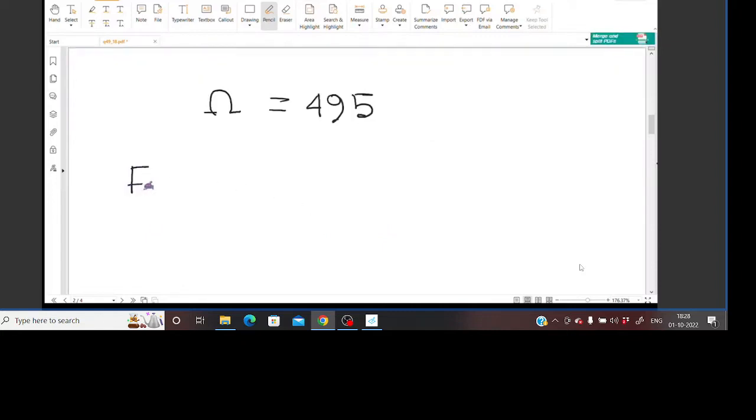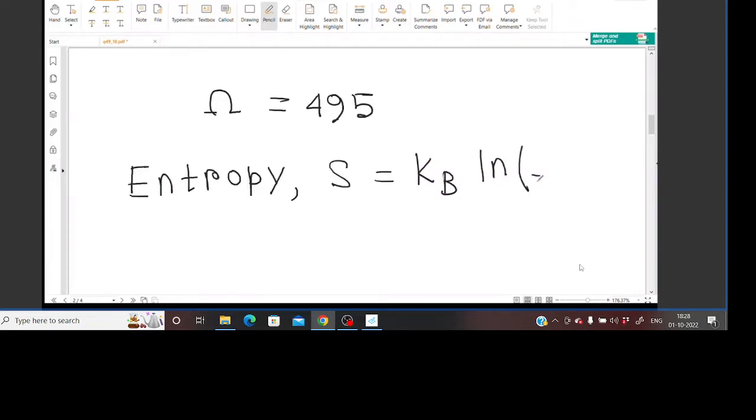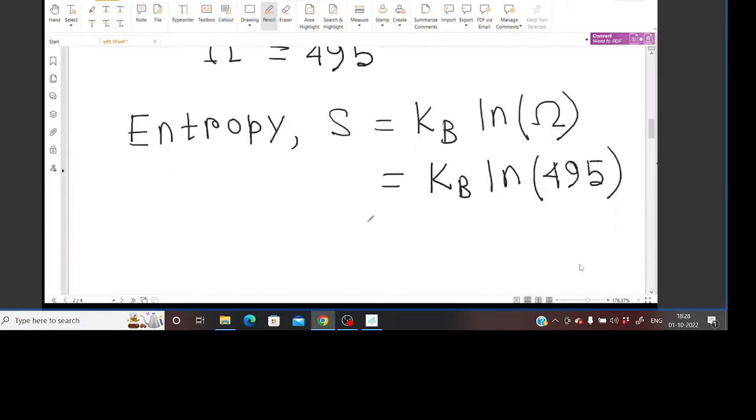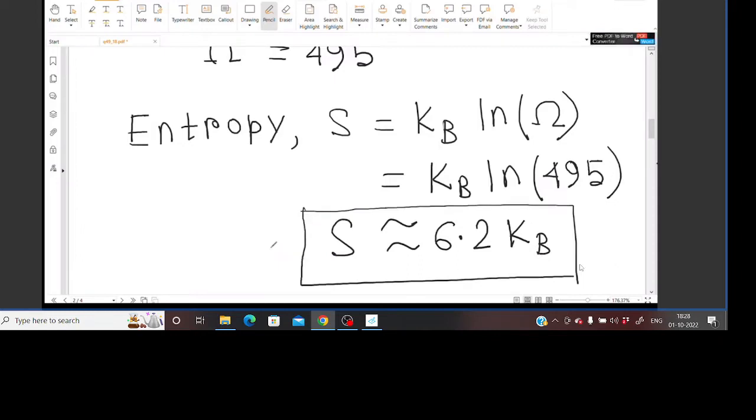So the entropy is given by Kb log omega. Here omega is equal to 495. So the entropy is equal to Kb log 495. Log of 495 is approximately equal to 6.2. So the entropy is equal to 6.2 kb. So in this question, the correct answer is 6.2.